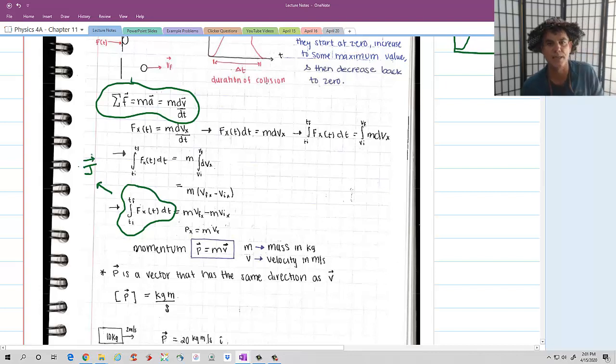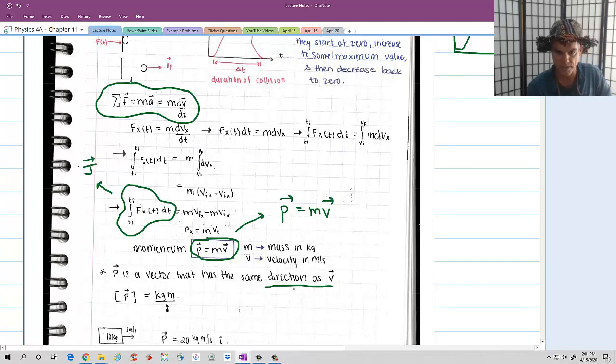And on the right-hand side, I end up with mass times final velocity in the x direction minus mass times initial velocity in the x direction. Momentum is how we define this quantity of mass times velocity. So this is the definition of momentum. And it is a vector, and the direction of momentum is the same as the direction of the velocity.